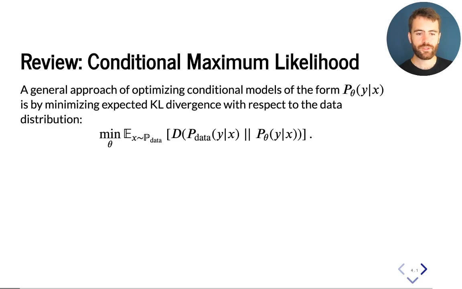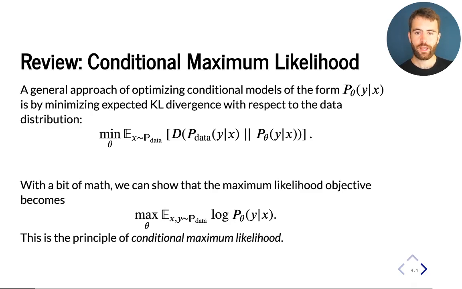This is an extension of the KL divergence that we saw earlier, and with a little bit of math, in a way that's really similar to what we did in the previous set of videos, we can transform this objective into the following simpler objective, which is the conditional maximum likelihood objective.